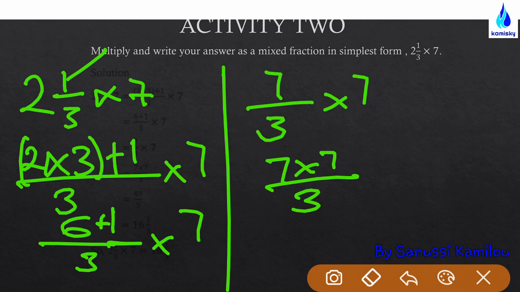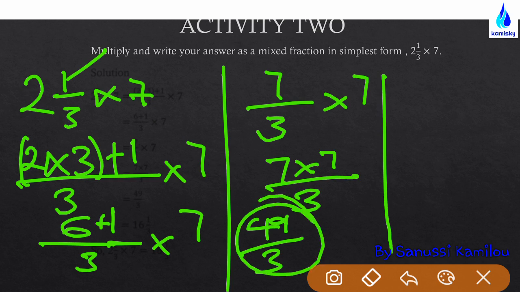So what do we get? 49 over 3. Very good. You see that this answer we got is an improper fraction. Therefore, we must change it into a mixed fraction.